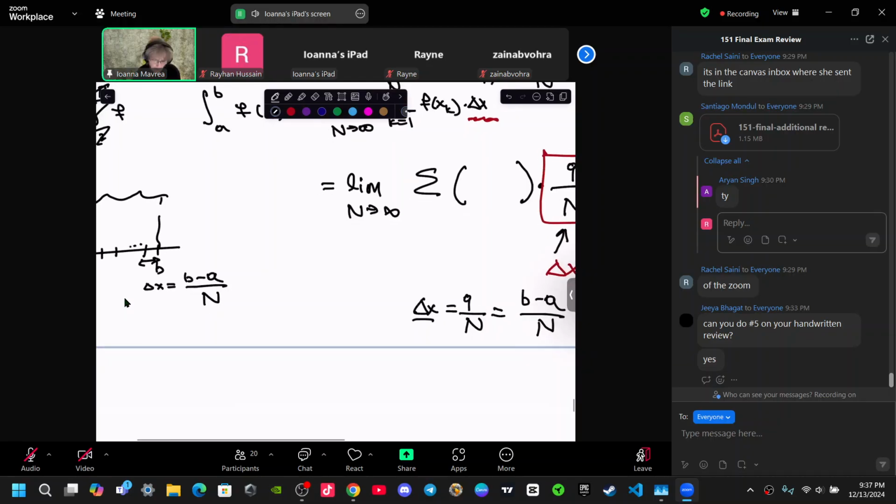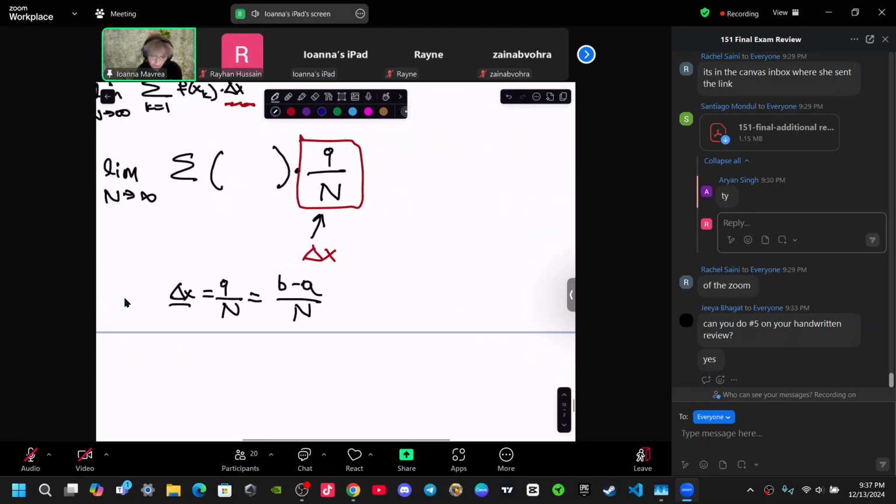Right? And the other side of the formula has an integral from 2, and I'll show you where the mistake is, to b of something. So the a must be 2. So 9 over n is equal to b, unknown, minus 2 over n. So you can find b.